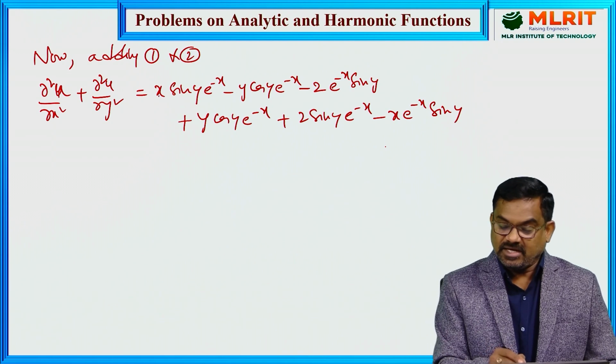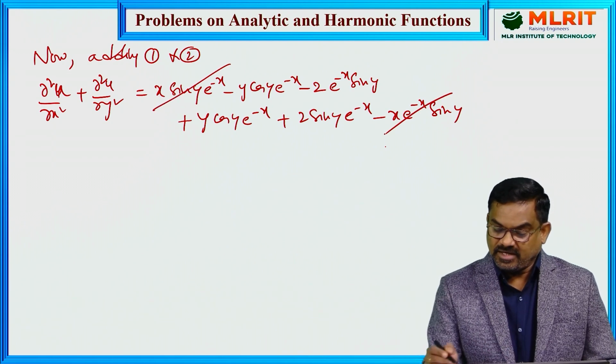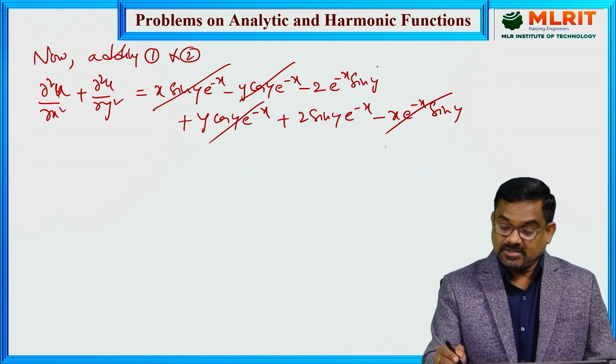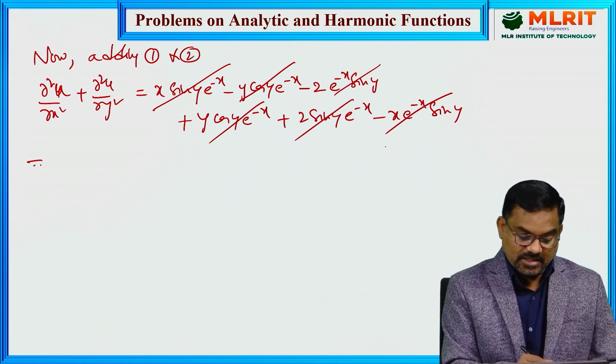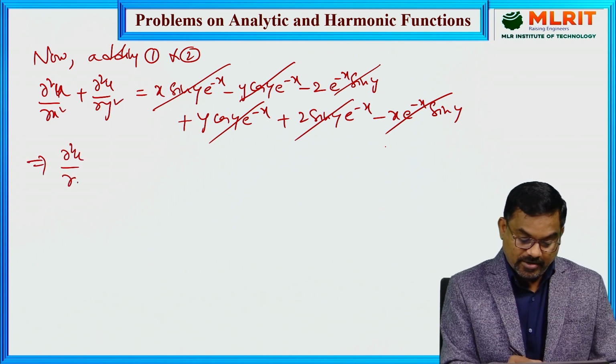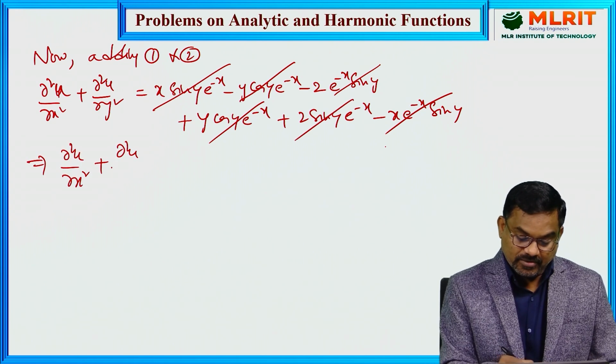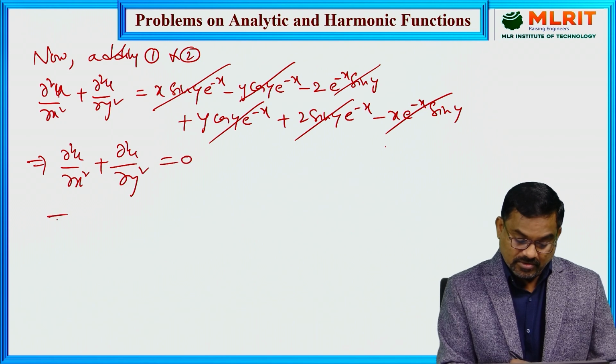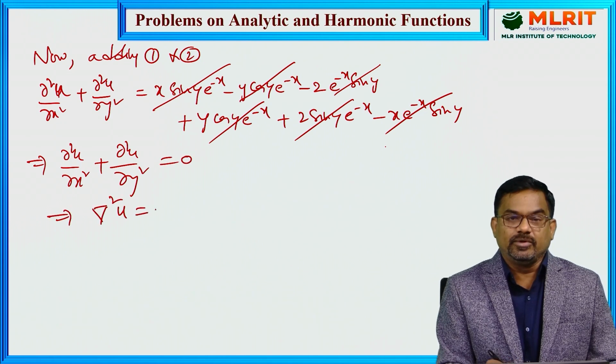The terms cancel, that implies dou square u by dou x square plus dou square u by dou y square is 0. That implies del square u is 0.